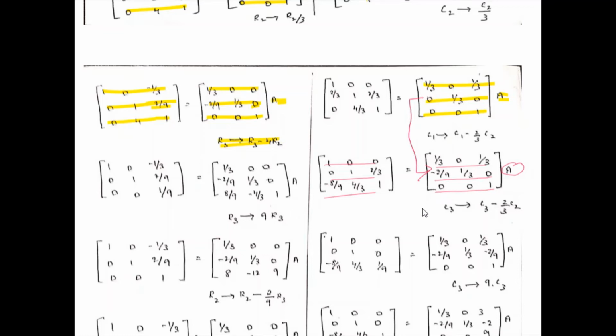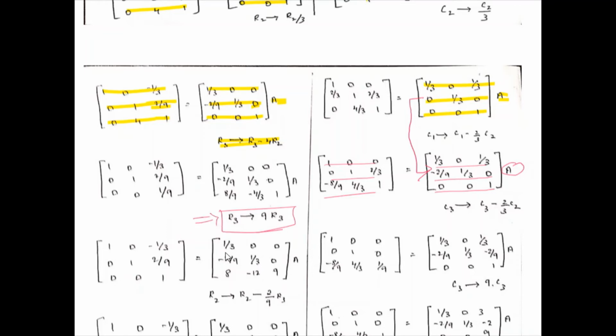Now we will proceed with the next step in row operation. Here we have already converted the row 1 and row 2 completely. Now we should convert the row 3. First we should convert R33 to 1. So when we multiply 9 with 1 by 9, it becomes 1. So we should apply this operation, R3 implies 9 into R3.